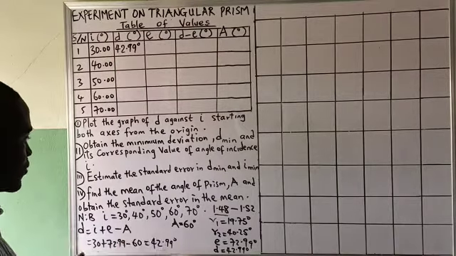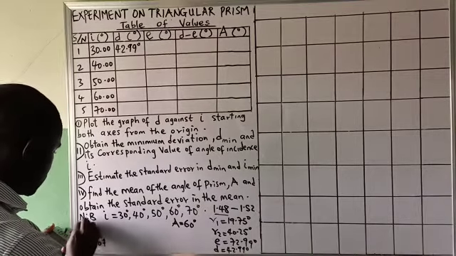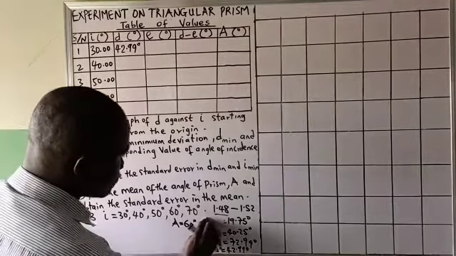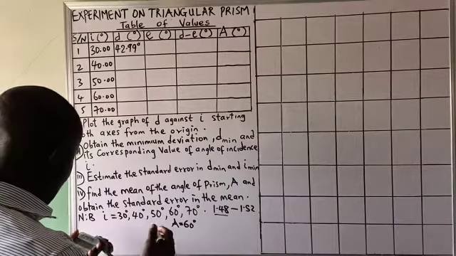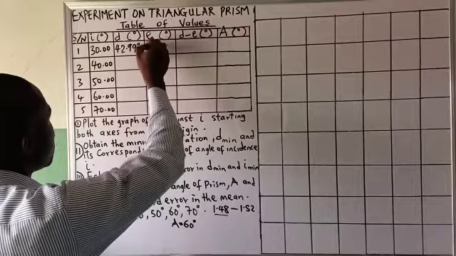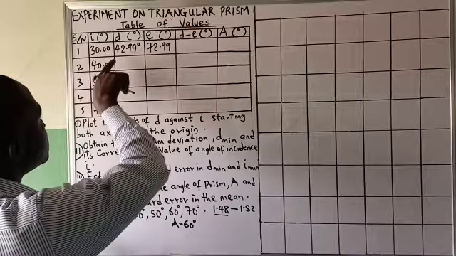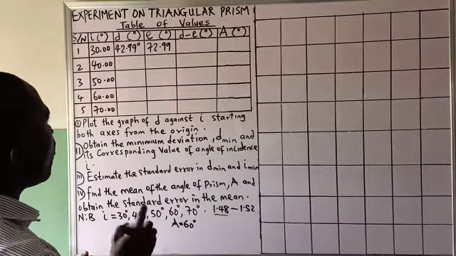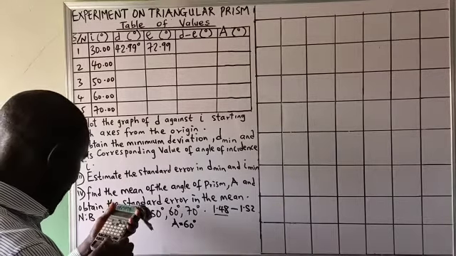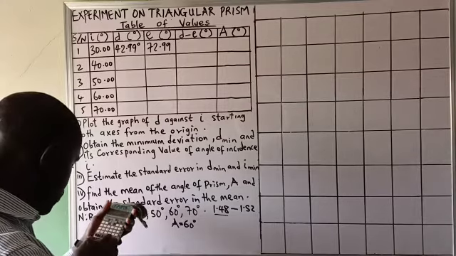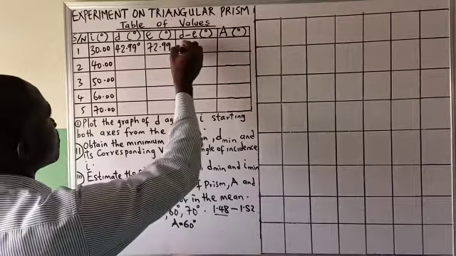We say we are done with the first part of D. Then, for the second part, we have to get our D minus E. And we said that our E is equal to what? 72.99. Then our D minus E. That will be giving us 42.99 minus 72.99.